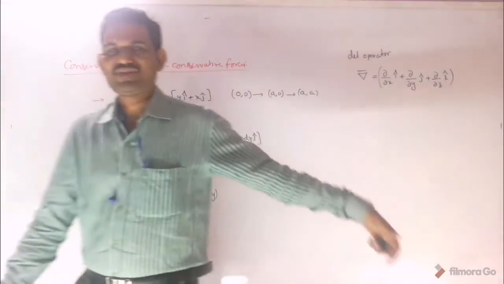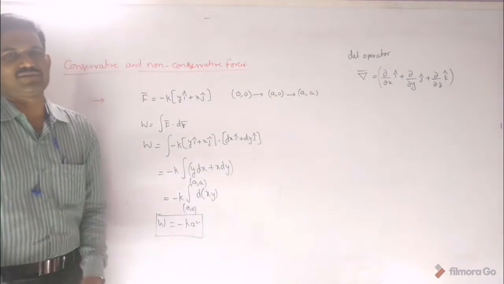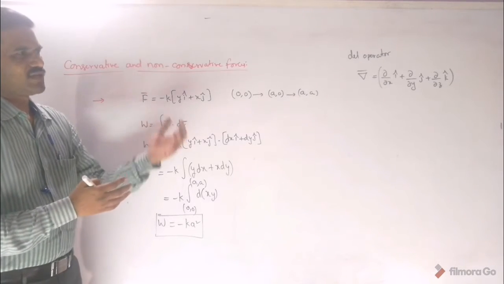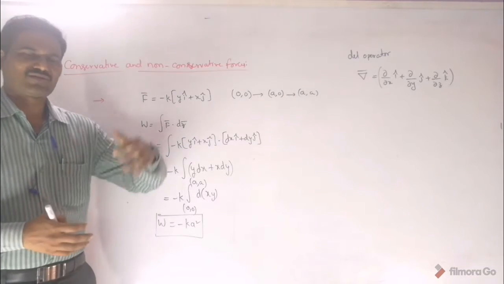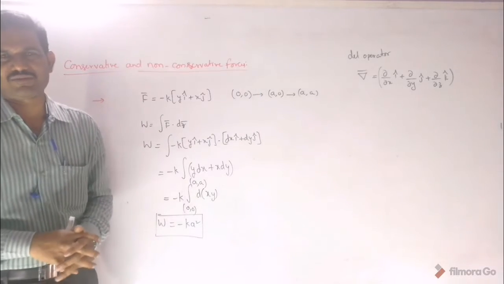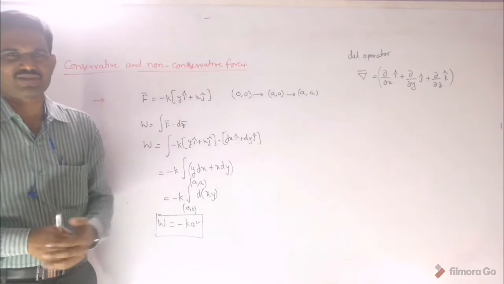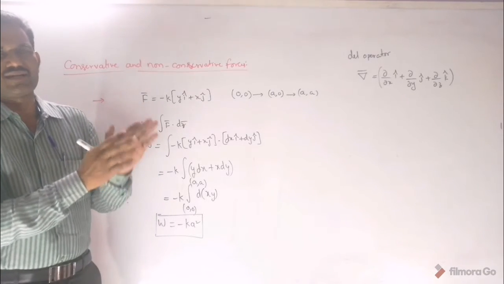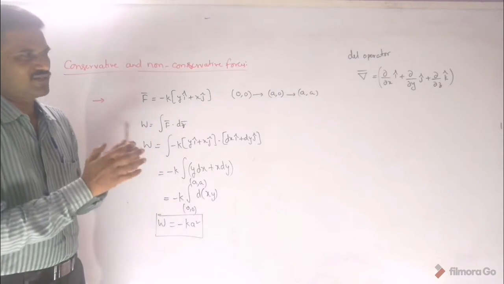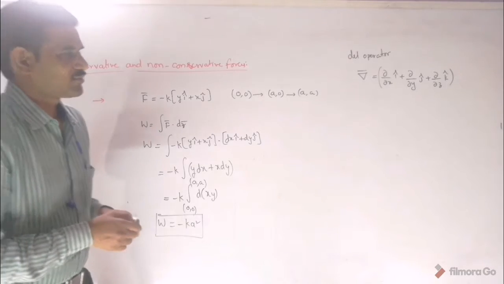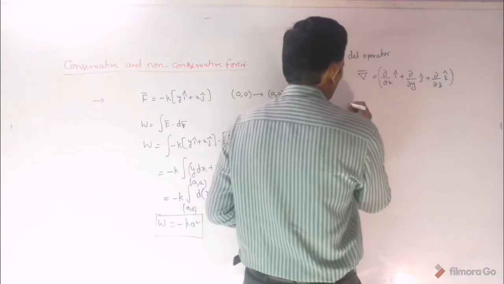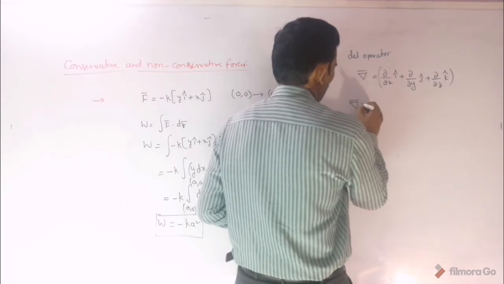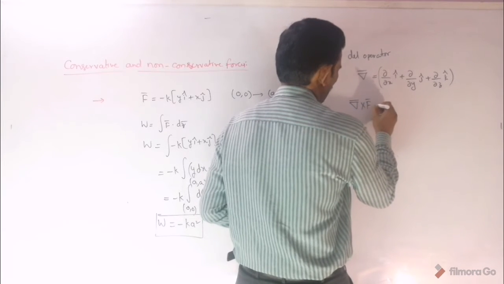So now with the help of this del bar, we can calculate this. In engineering mathematics and physics you will learn more about why it is represented as a del operator. I am taking it as another method to verify, and next I will explain how to verify that. The given force is a conservative force if del bar cross F bar is equal to 0.